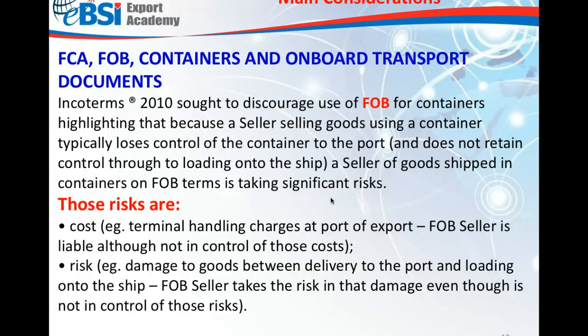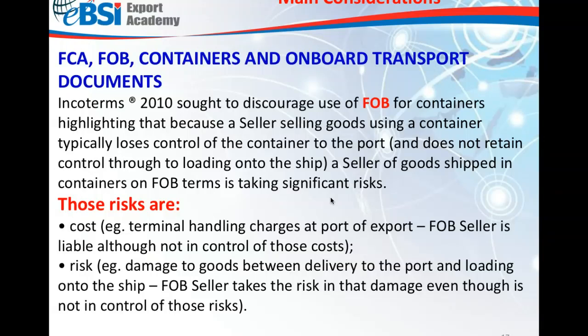Some of the main considerations that were taken on board were, first of all, with respect to FCA, FOB containers, and onboard transport documents. Incoterms 2010 sought to discourage the use of FOB for containers, highlighting that because a seller selling goods using a container typically loses control of the container at the port and does not retain control through to loading onto the ship, a seller of goods shipped in containers on FOB terms is taking significant risks.